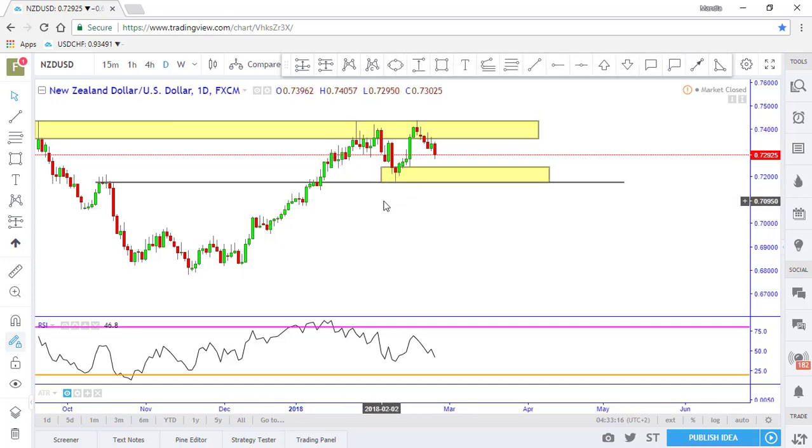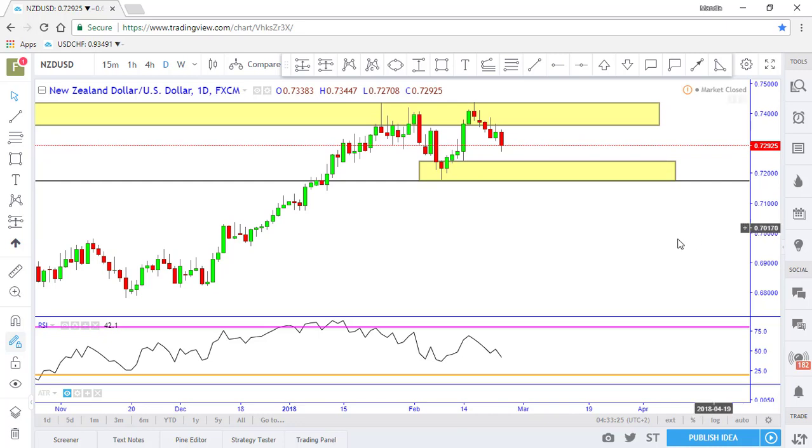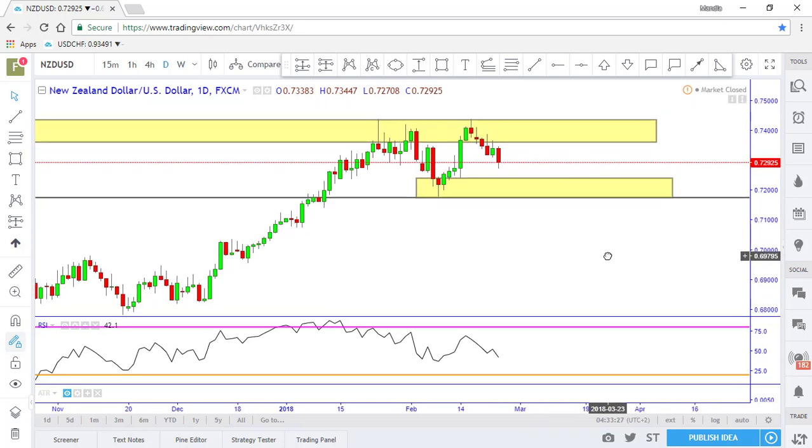What I mainly like to look at on the daily time frame is levels where I'm getting pauses, where the market gives us a momentum push, then a pause and a continuation.